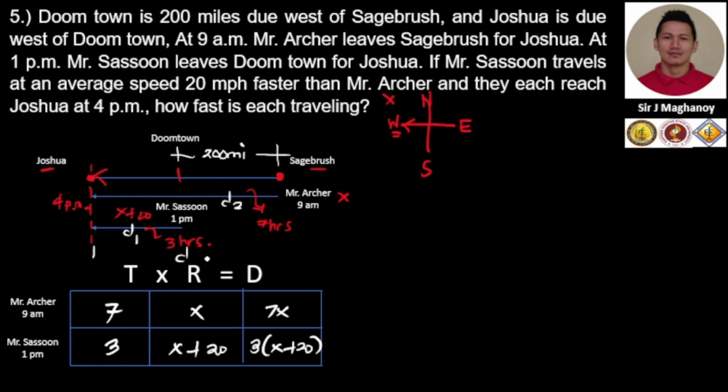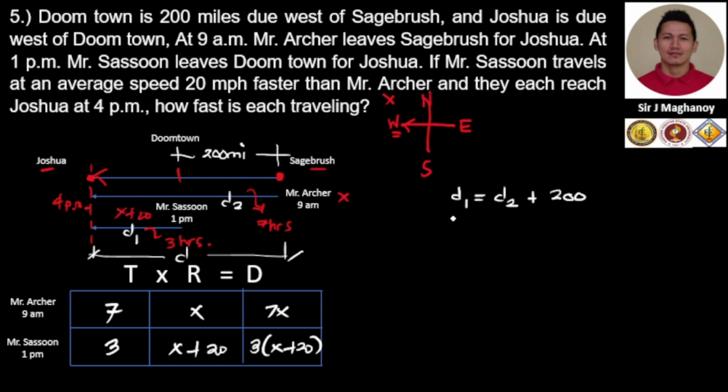The total distance does not change. Yes. If you can see, we already have 200 miles given. So if we establish our equation, that would be D1 is equal to D2 plus 200 miles. So that is the total distance.